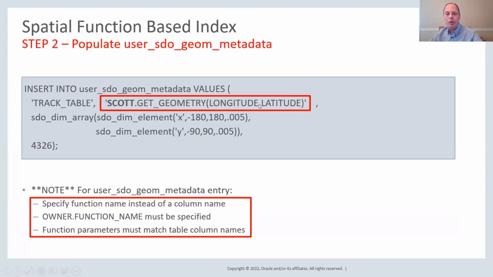So I have a table with a column called longitude and latitude, so my getGeometry function. Instead, we're going to do a table name and the function that returns geometry. And in the metadata, you must put the owner of the function. Very important, right? And the rest is the same. It's just the access information in the coordinate system.